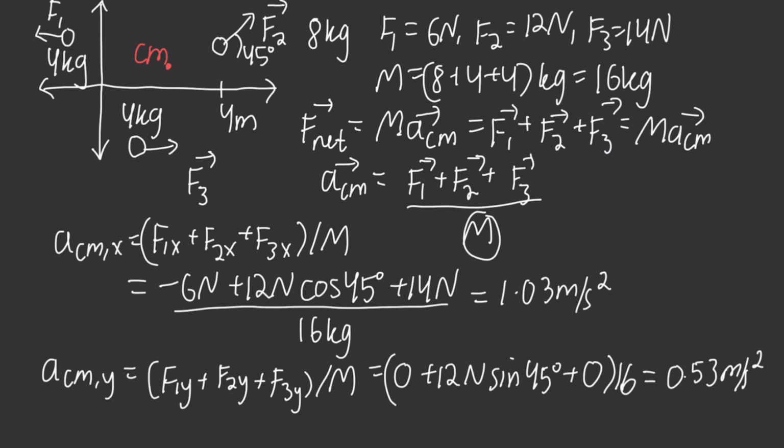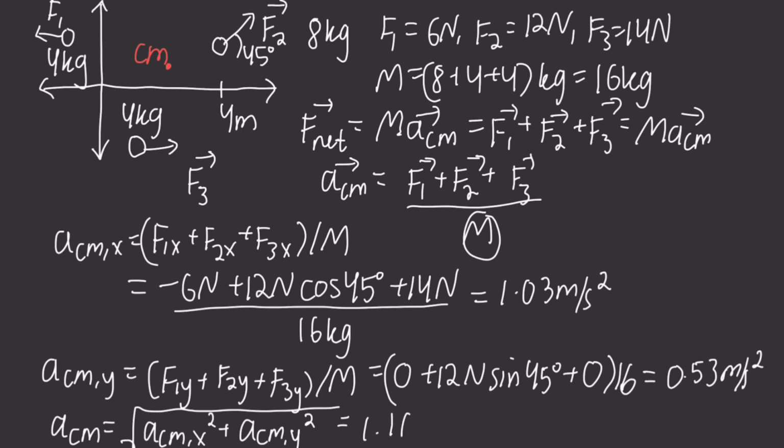All right, and if we want to find the vector total ACM, the magnitude is going to be ACM equals the square root of ACM in the x squared plus ACM in the y squared. And we square root that. And that is just equal to 1.16 meters per second squared.